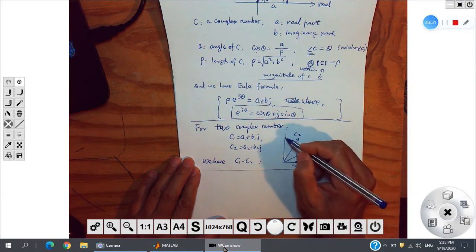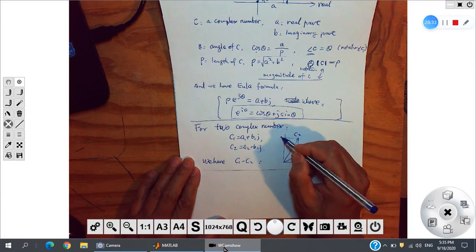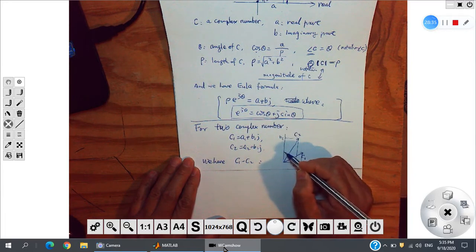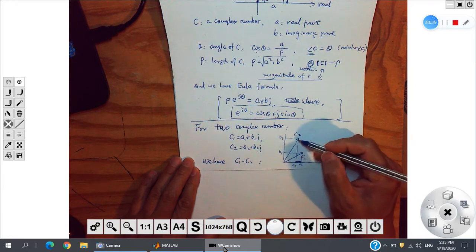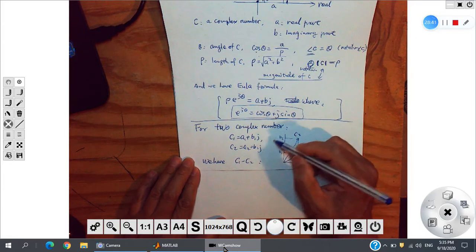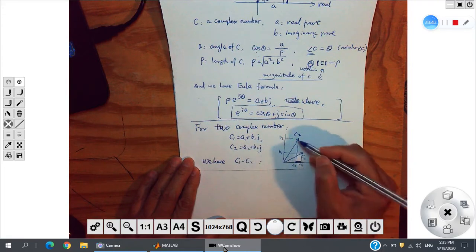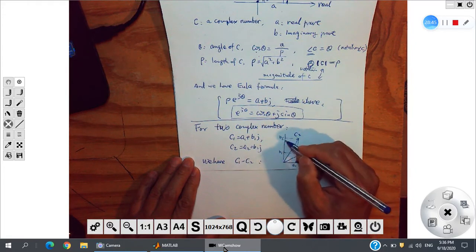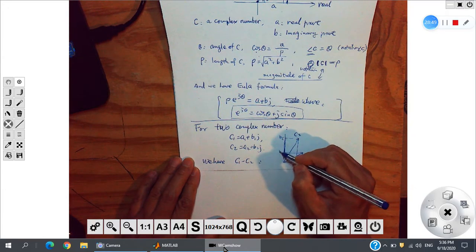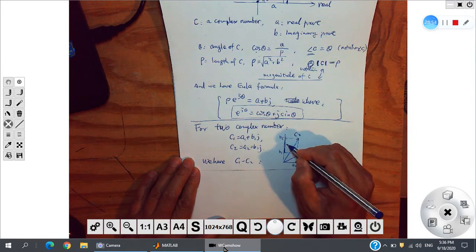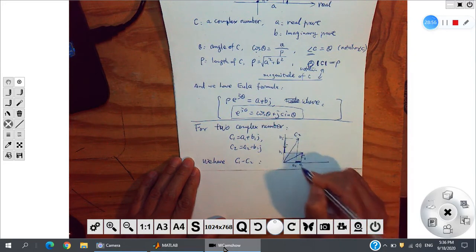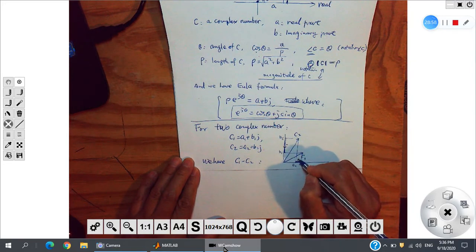And this side, this is B2, this is B1. So for the imaginary part you also need B1 minus B2. So we have this part. But this is a negative value, right? B1 is smaller, so I put a negative here. Or you can put the arrow. This is positive, like this way.